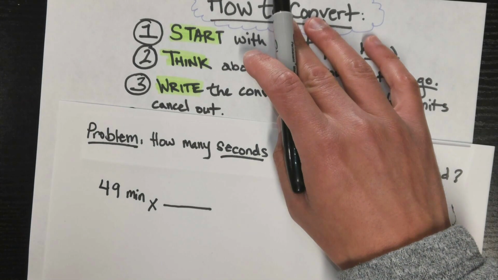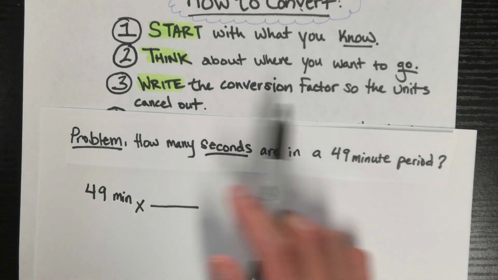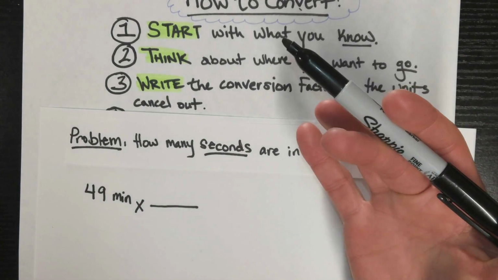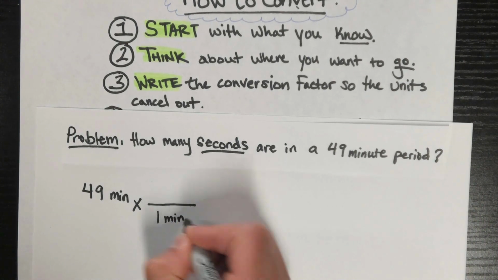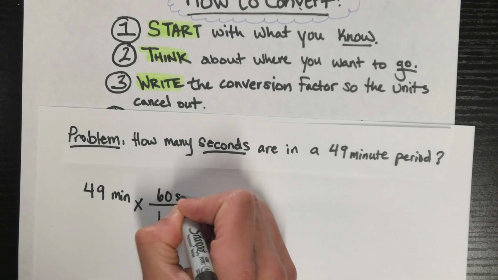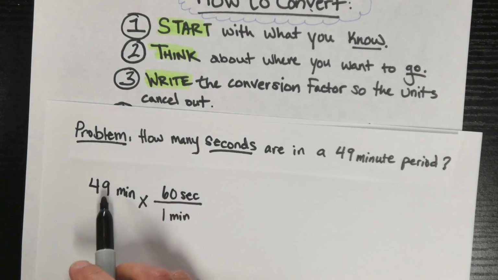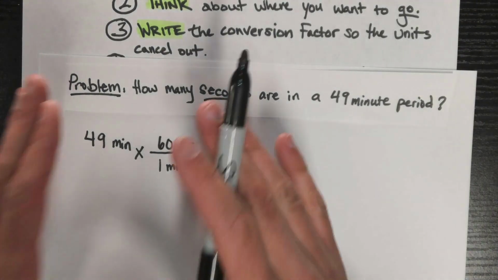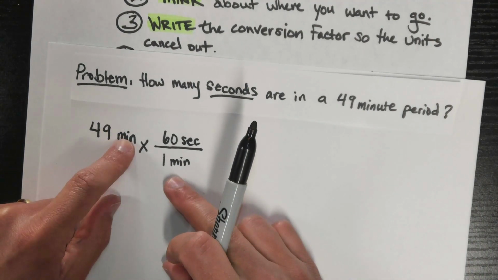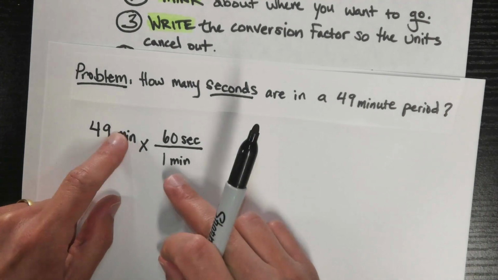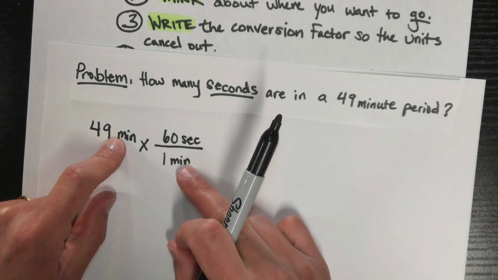Well, I need to write the conversion factor, step 3, so that the units are going to cancel out. 1 minute, 60 seconds. Now, why did I do it that way? Because if you remember in math, if you got something on top of a fraction and on bottom of a fraction, those two things can cancel out mathematically.